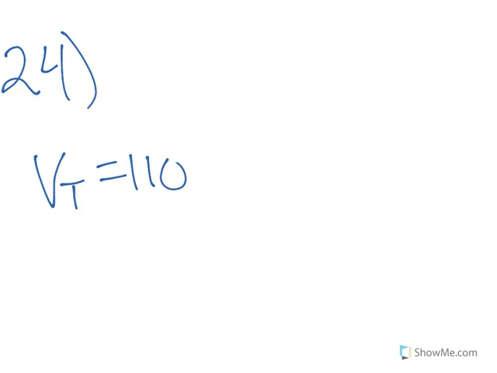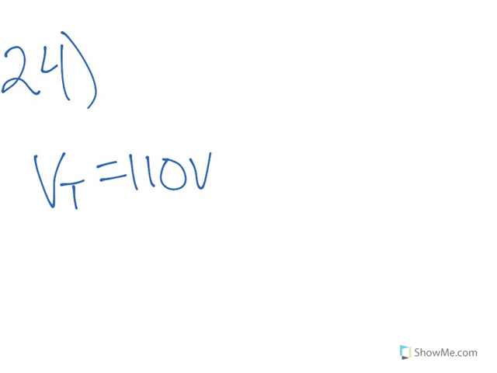24. In the circuit diagram shown, which is the correct reading for the voltmeter V2? Alright, this is kind of tricky. So we know that we have a total voltage of 110 volts. And remember that as you go around the circuit, you have to use up all that voltage.